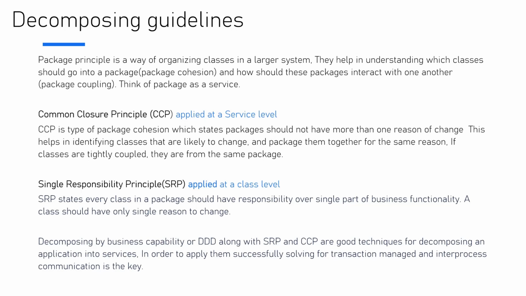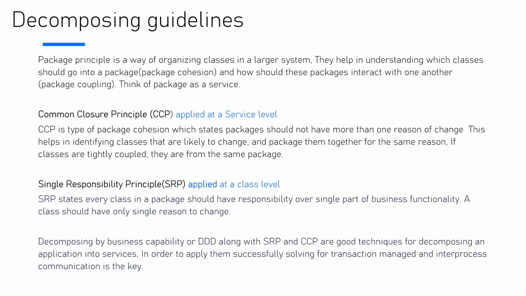And if classes are tightly coupled, they are all in the same package. This is a standard design guideline, nothing too complicated. Something you need to keep in mind is that you want to keep all those classes in the package which are relevant to one another, and the reason for change is going to be one. This makes sure that if package A changes, you don't end up changing 10 more packages.